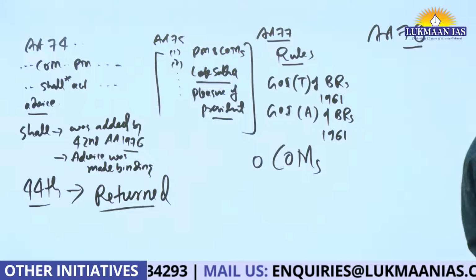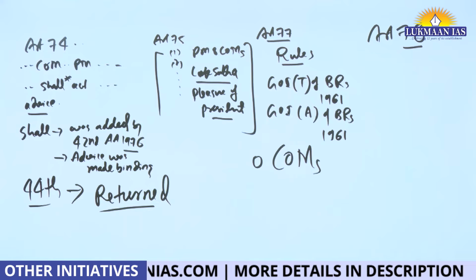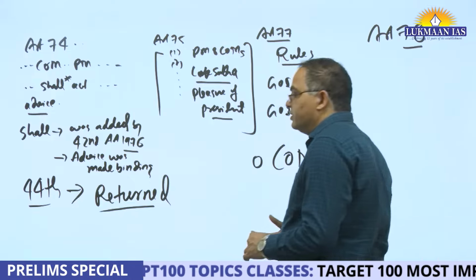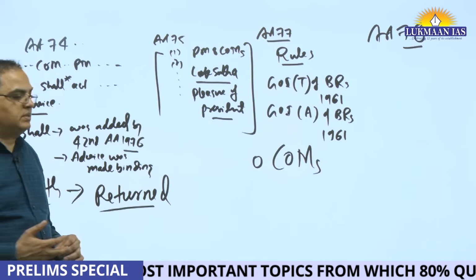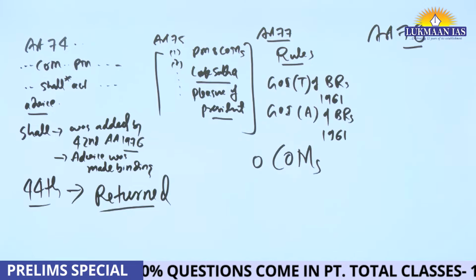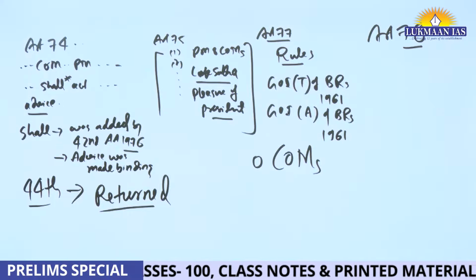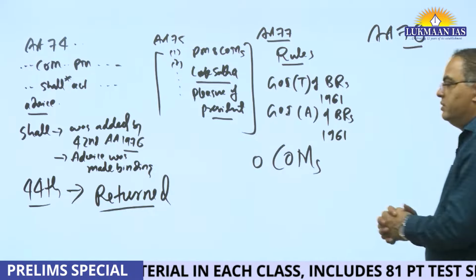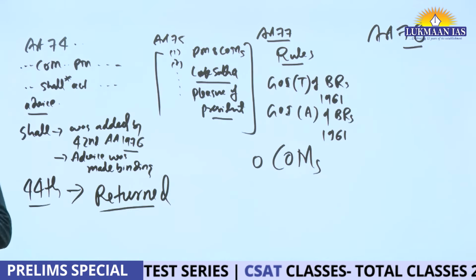Like first, K.R. Narayanan two times exercised his power to return advice in case of imposition of President's rule in UP and Bihar, on the grounds of law and order.